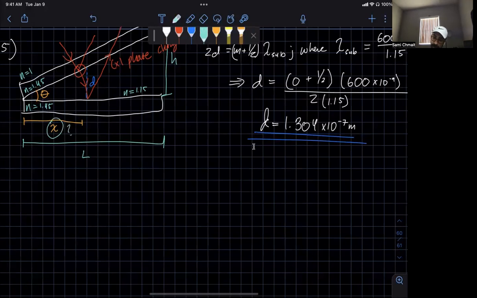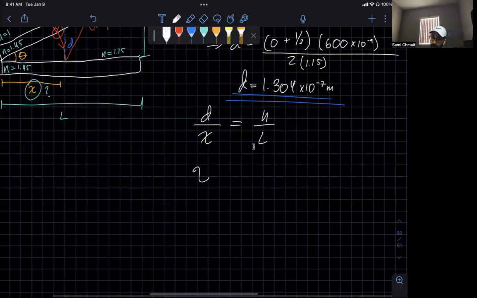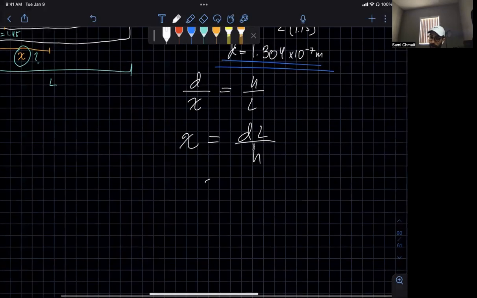We want to know what that is because there's a ratio that exists. We know d over x is going to be equal to h over L. It's a ratio, so we can rearrange to solve for x. x is going to be equal to d times L divided by h. Plug in everything because L and h are given, and d we just solved for. x comes out to be equal to 3.17 times 10 to the minus 4 meters.